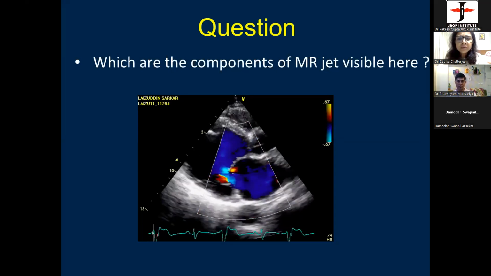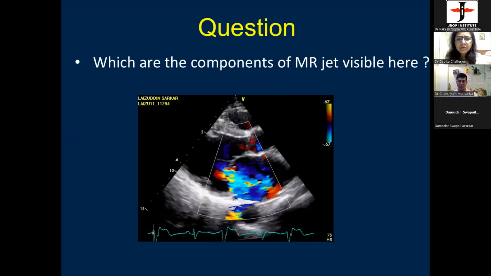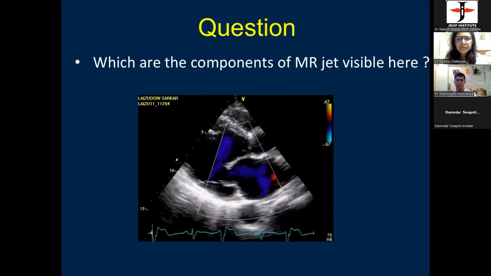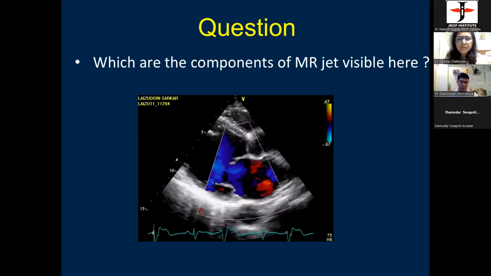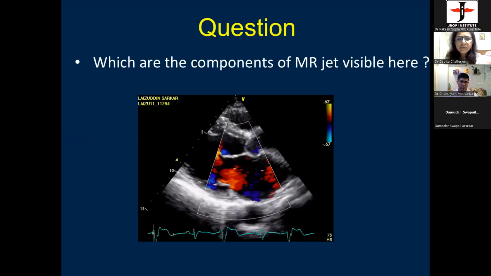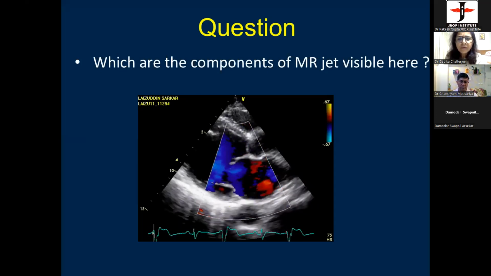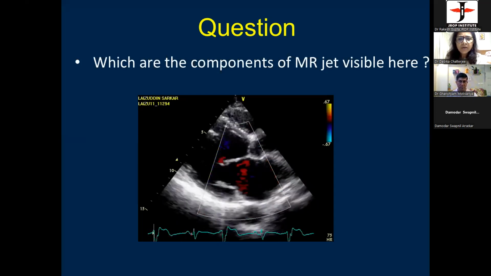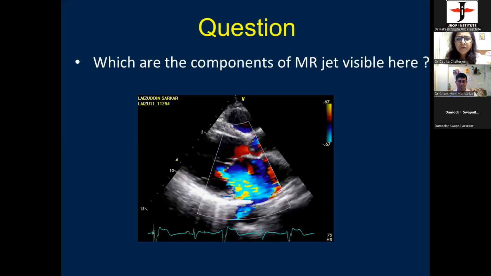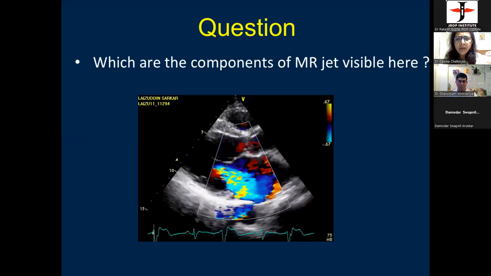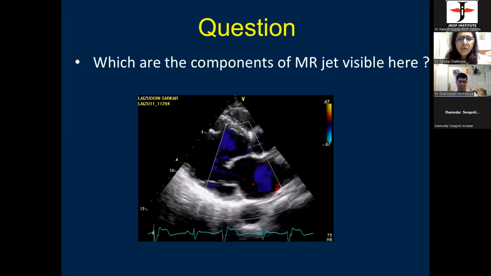Ma'am, the MR jet starts with the vena contracta, which is at the narrowest orifice point between the two leaflets. Then it moves in body. Before the vena contracta, is there anything else? How many components of the MR jet do we look at?